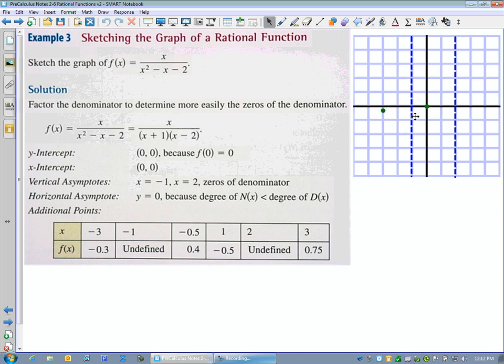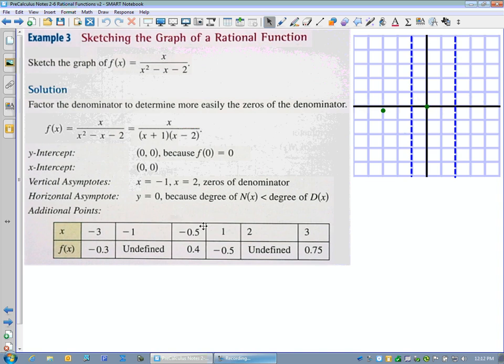At -1, we're undefined. So from the origin, as I go to the left, approaching this asymptote, I might either approach it upwards or I might approach it downwards. I could increase without bound, or I could decrease without bound. To find out which, we're just going to plot a point.